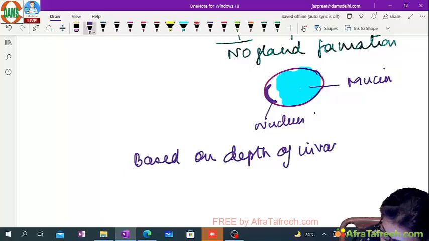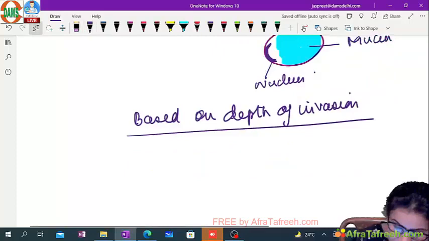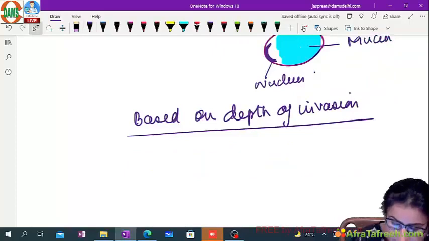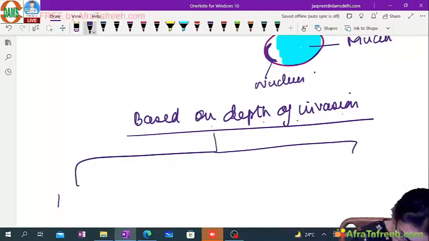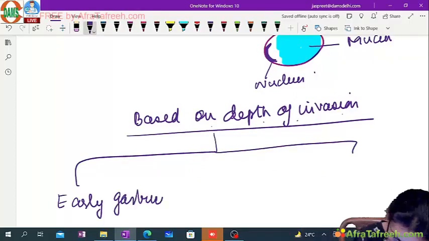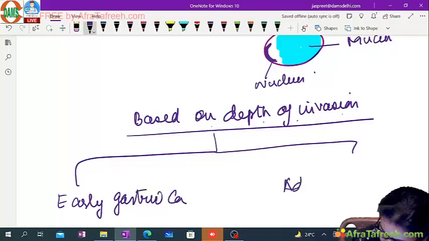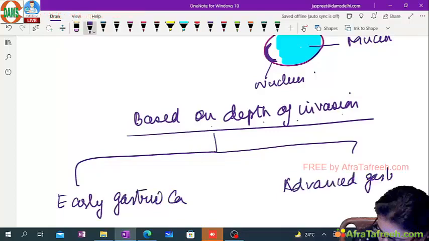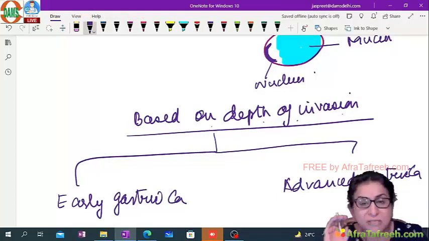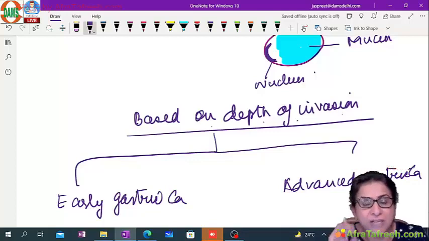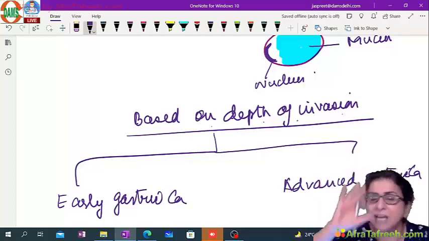So whether it is intestinal or diffuse type, based on depth of invasion, gastric cancer is divided into early gastric cancer and advanced gastric cancer. Why do we take depth of invasion? Because it is a very important prognostic factor. If the tumor has gone really deep, it will have a poor prognosis.